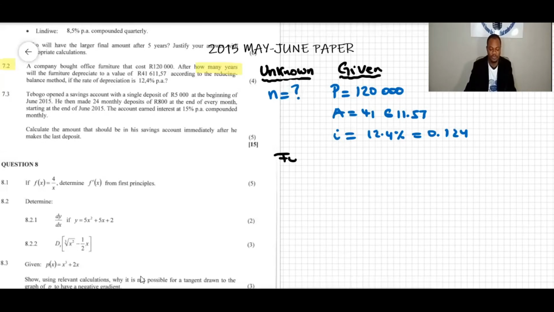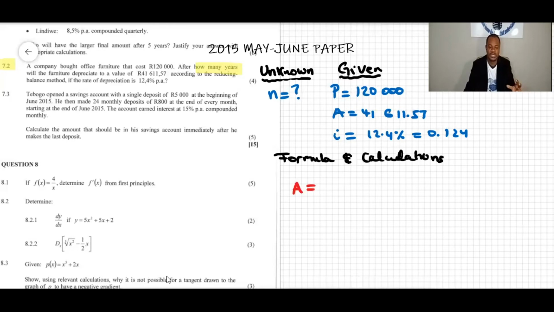Now we can do the calculation. So I'm going to write here formula and calculations. What is the formula that connects the givens with the unknown?